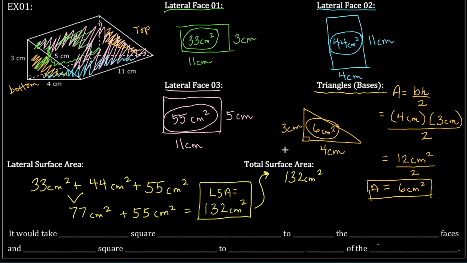Now remember, there are 2 of these. So 6 square centimeters and 6 square centimeters. So that's 12. 12 and 132 is 144. I'm running out of space here, so I'm going to write a little smaller. 144 square centimeters. That is our total surface area.